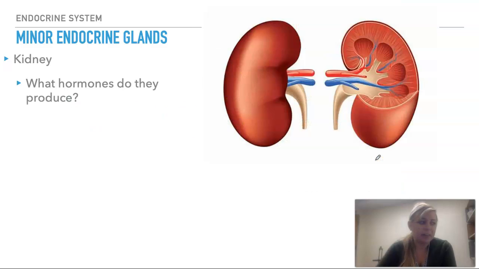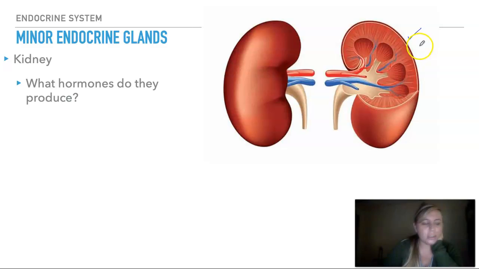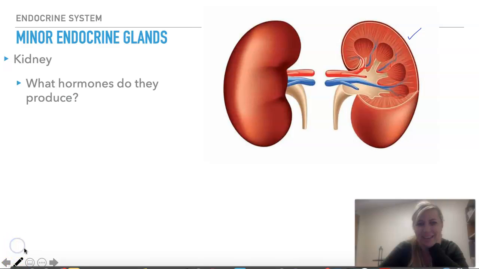Our next minor endocrine gland is the kidneys, and we're going to take a much closer look at the kidneys later this semester when we get to the urinary system and balance of water and waste and other solutes. Our kidneys' job is to filter our blood, but in addition to filtering our blood, they also produce some hormones.